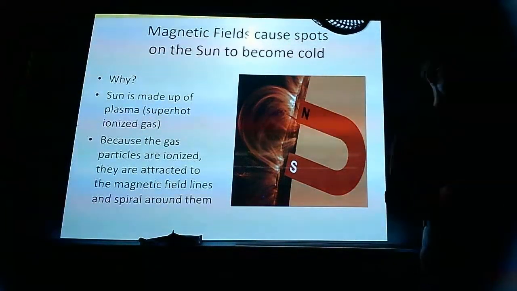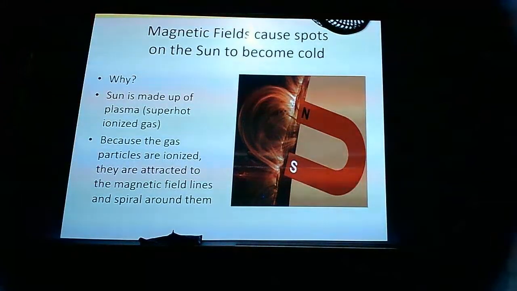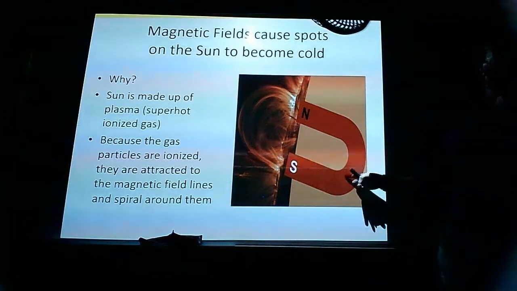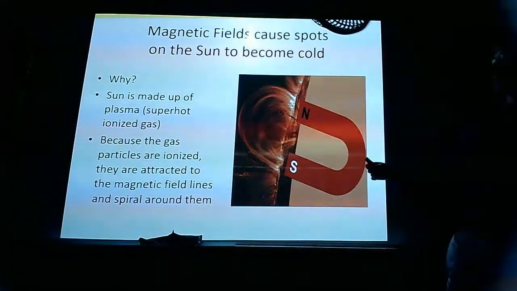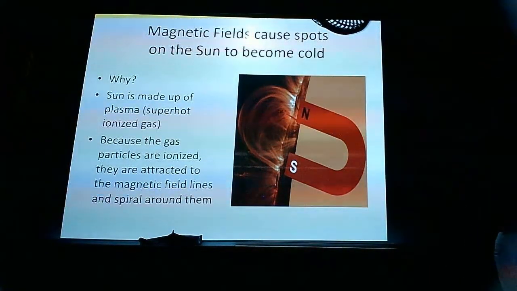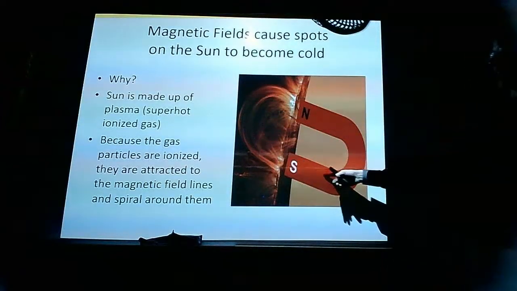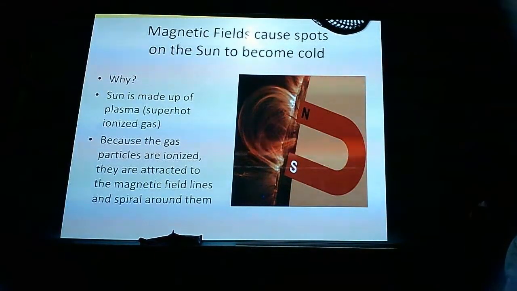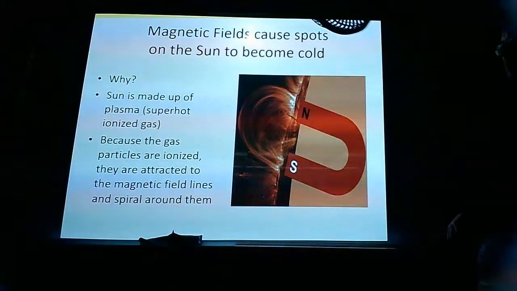Yeah. So, you guys have seen magnetic field lines before, right? Some science class. This is like a little horseshoe magnet. You'd see the magnetic field lines coming around from one end to the other. And the same thing is true on the sun. Its magnetic field lines go through, and then they come back in. So the sun is made up of really, really hot plasma.